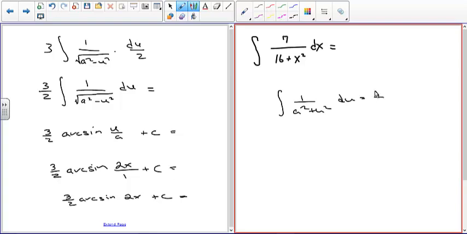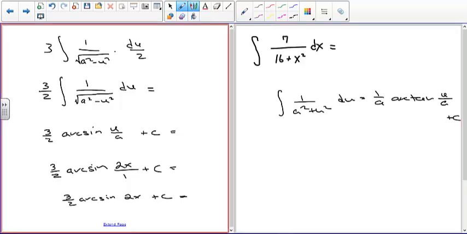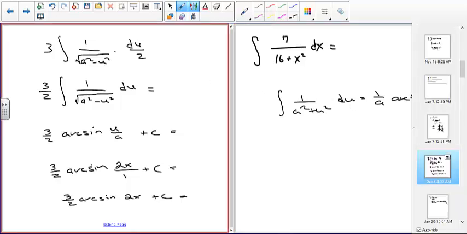That's 1 over a times the arctangent of u over a plus c. That's the formula we're trying to fit it into, because we don't have a square root, and we're adding the stuff together. So in general form, it fits what we have.